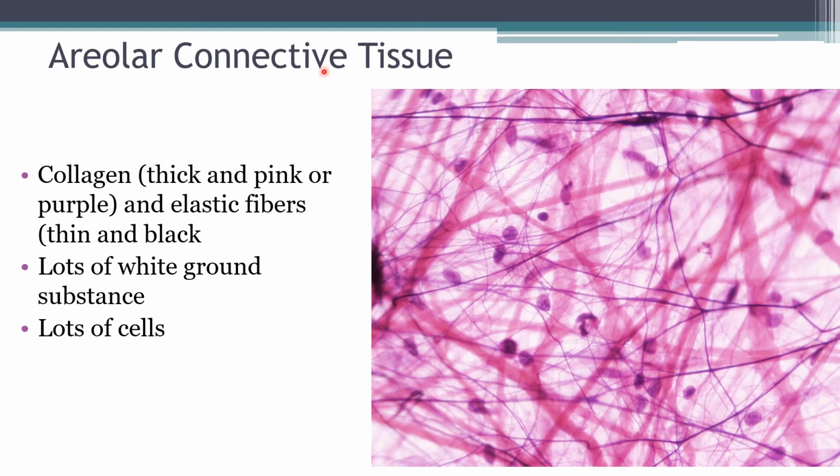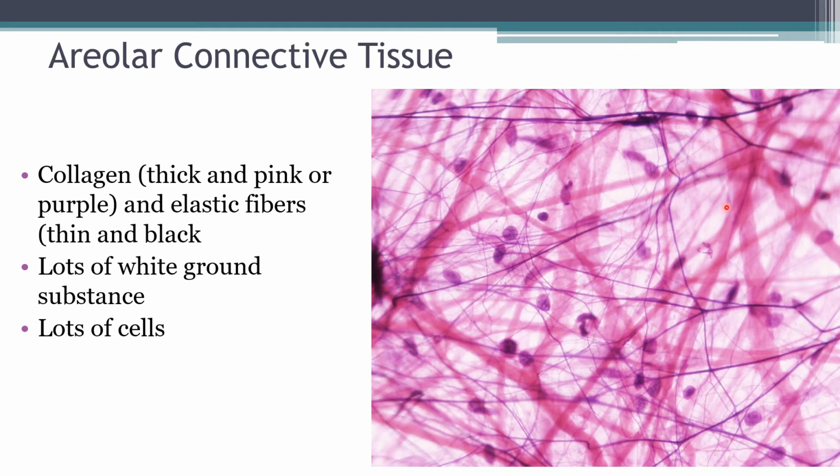So first is areolar connective tissue. In areolar connective tissue, you're going to have lots of white visible ground substance. Those will be the white spaces that you see every so often. But areolar connective tissue is the only one where you're going to see collagen fiber bundles and elastic fiber bundles together in the same tissue.